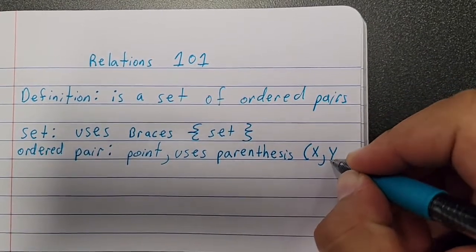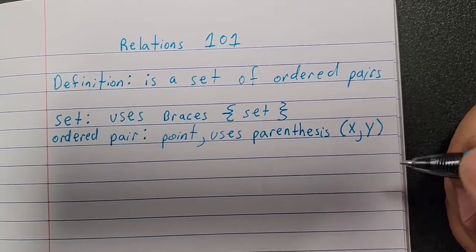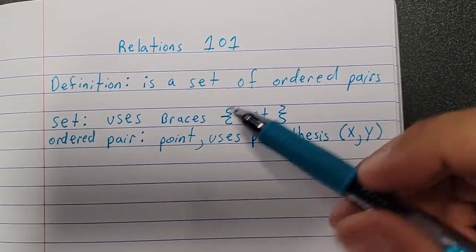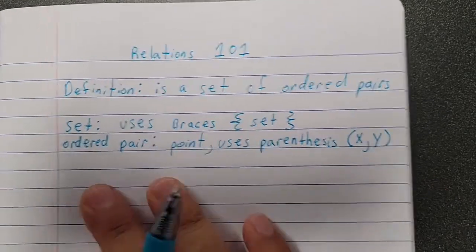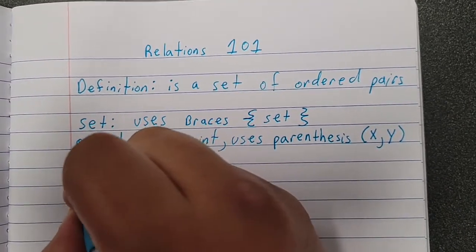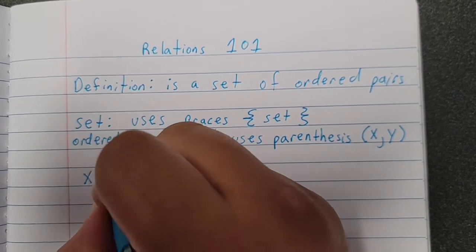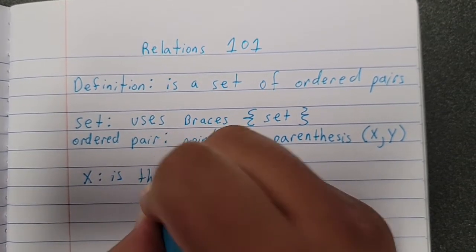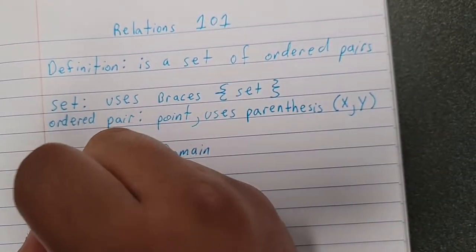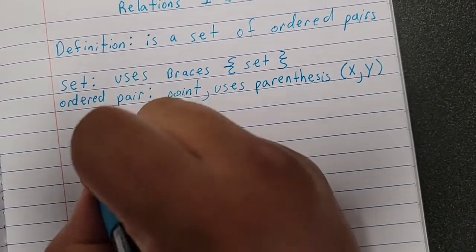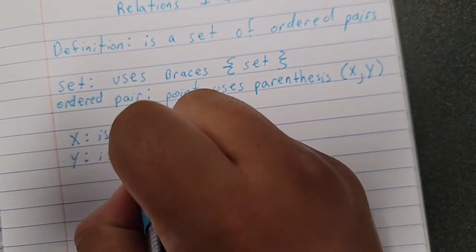All right, and you have the X and the Y. So we're going to break down the ordered pair, the X and the Y. The X is the domain. The Y is the range.